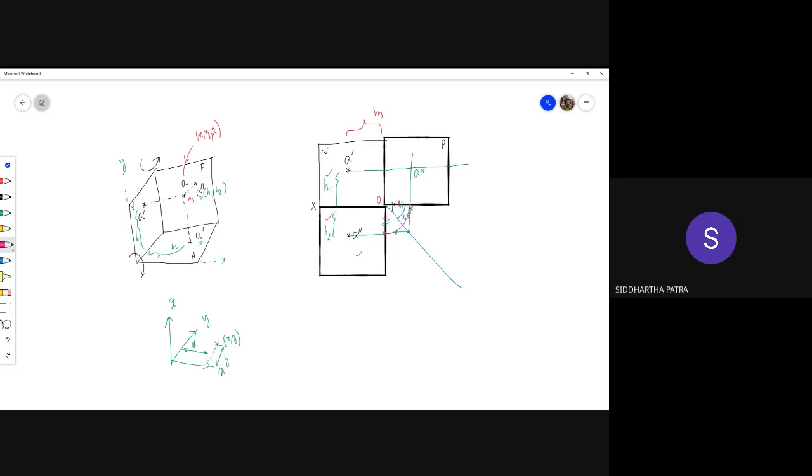And then from over here, draw a vertical line, and wherever that vertical line intersects the horizontal line coming from A prime, that point would be your A3. So the idea is the same. You need to keep the same distance from the vertical plane, which is h2.